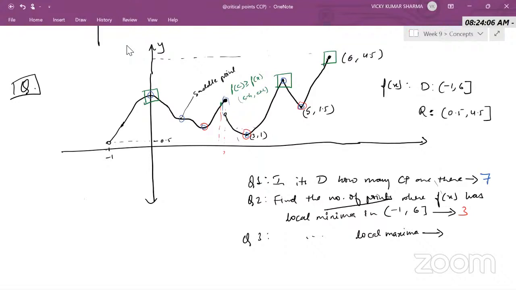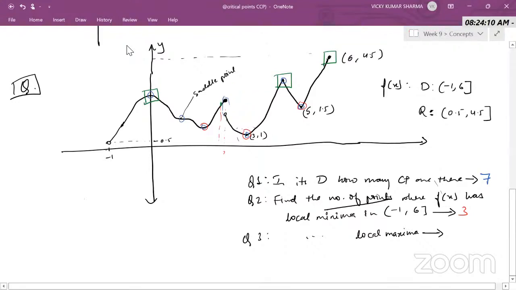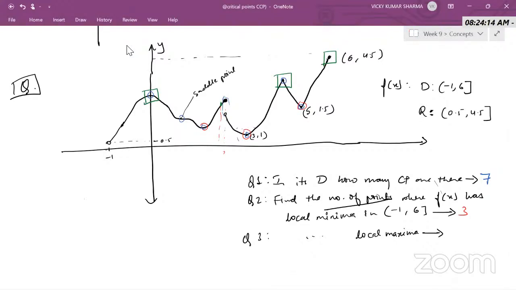I'll just repeat this again because I can still feel hesitation in you. This is my c minus h.